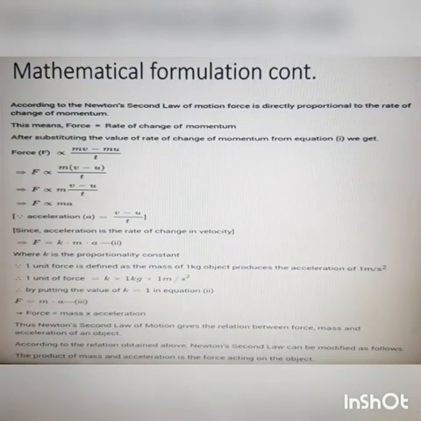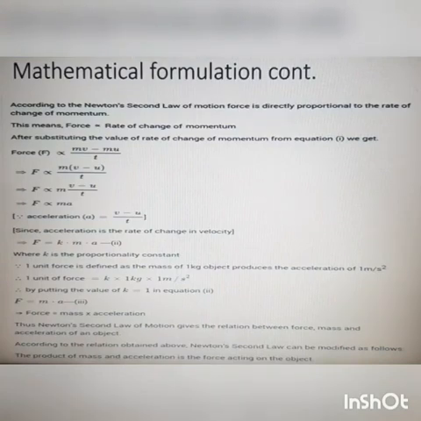So we get F proportional to m into a. Here, in order to remove the proportionality sign, we need to put a proportionality constant. Here k is taken as proportionality constant. So F equal to k into m into a.